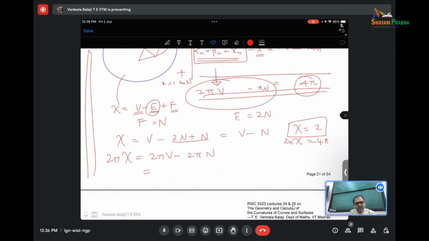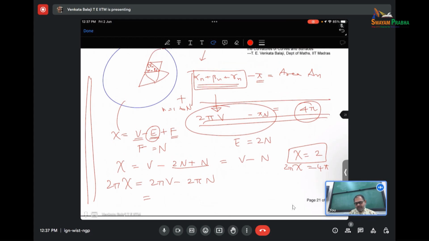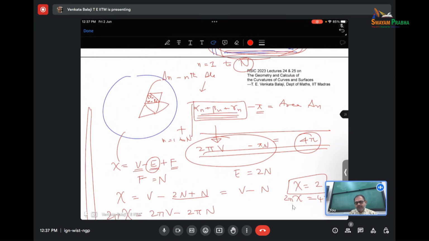Okay. So what is happening here? I want to say what is the net effect of this. I'm wondering where I'm going wrong. If I add all these areas, I'll get the area of the sphere, that's all right. Then if I add all these, there are n faces.